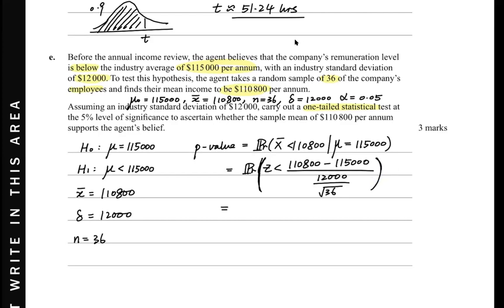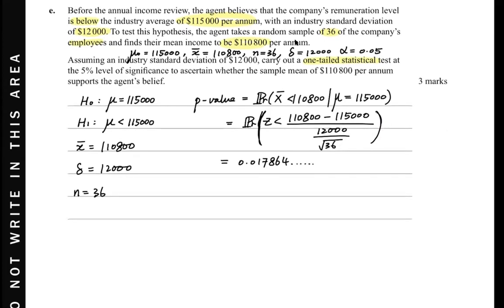All right, so what I obtained from this p-value expression is 0.017864. And the important thing I'm going to do is compare this p-value with the level of significance.